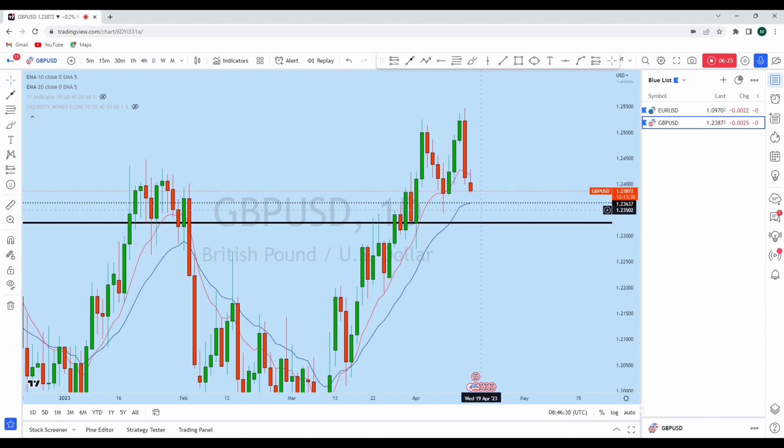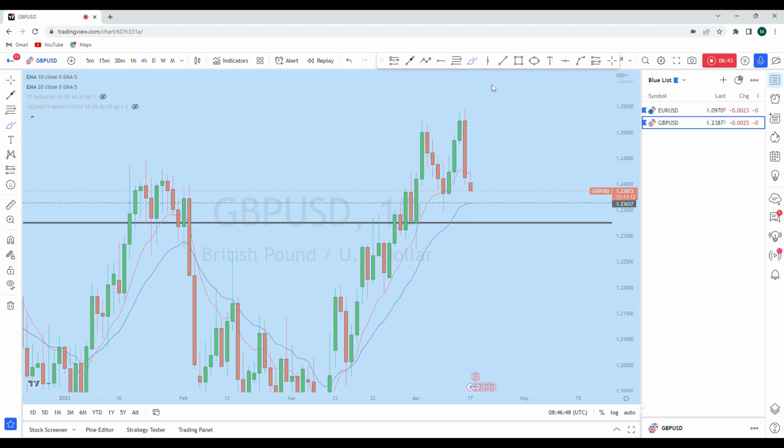After little pullback, the price is rejecting. What I think that initially we might see a retest of this daily 20 EMA, and then probably we'll see another rejection to the upside, and finally we can expect at least to come back to this support zone on the monthly opening and closing.